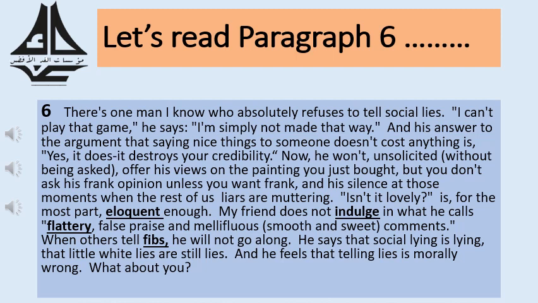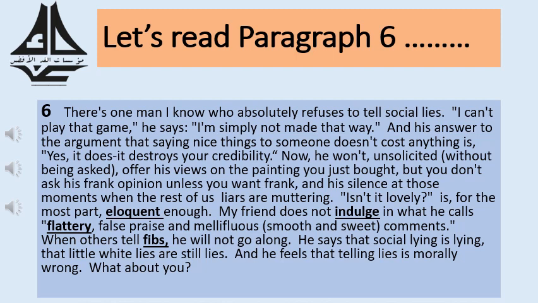In paragraph 6, the writer gives an example about a man who refuses to tell social lies. He explains that those lies are still considered lies, although they don't hurt or harm others. But he believes these lies destroy his trustworthiness, since others wouldn't trust him anymore because he is lying.